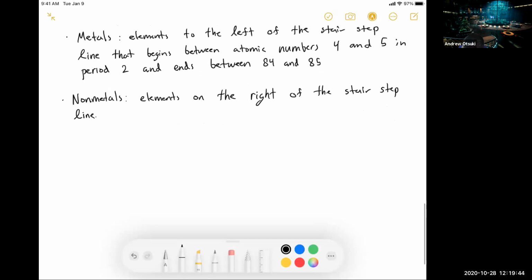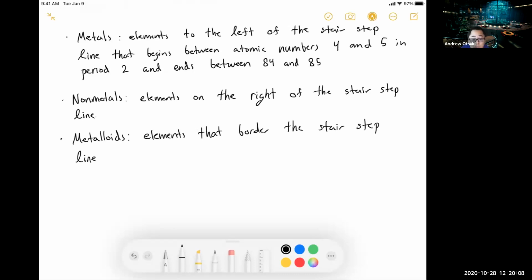And lastly, we have metalloids. They are elements that border the stair step line. Some takeaways: they have properties of both metals and non-metals.